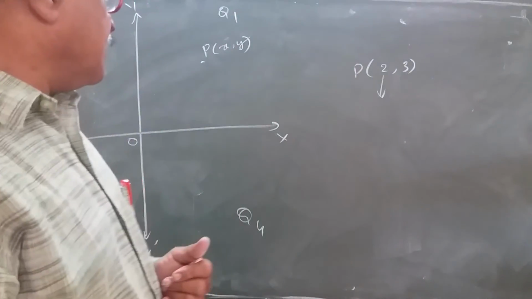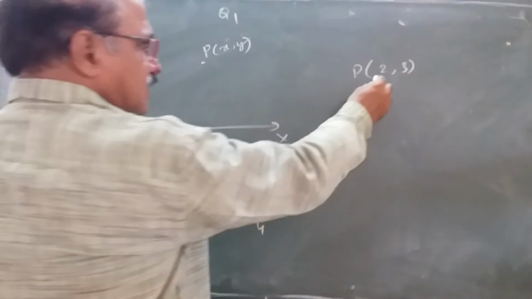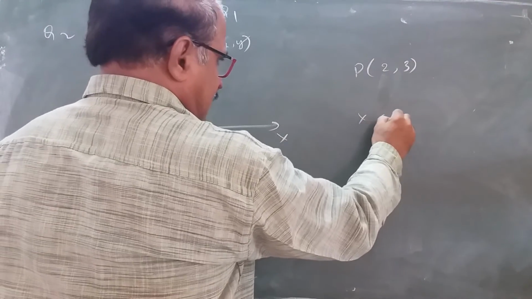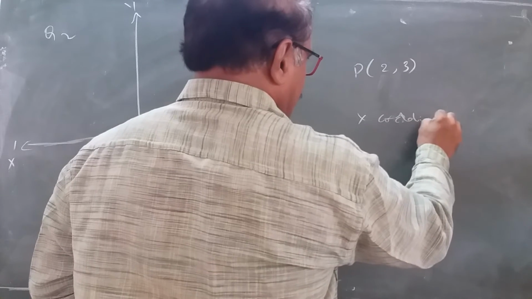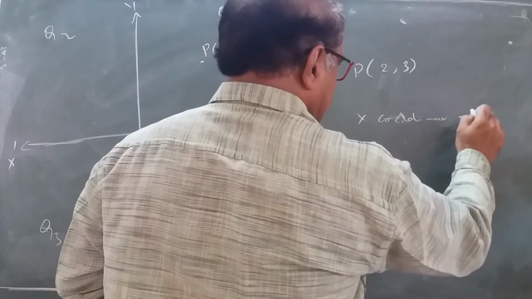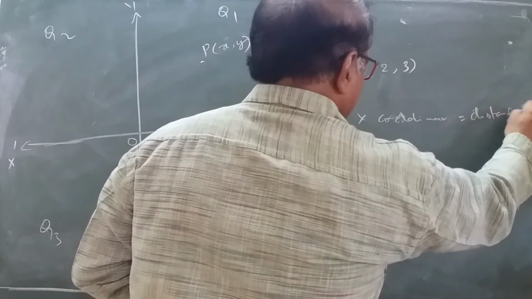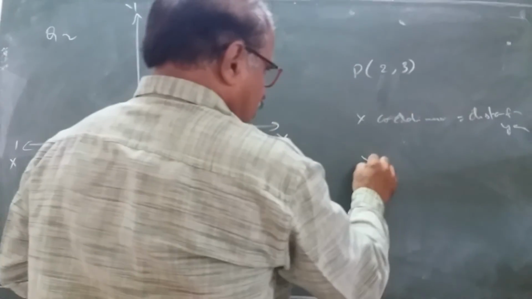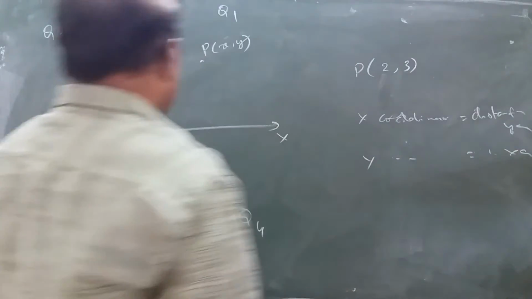The x coordinate denotes the distance from the y axis. The y coordinate is the distance from the x axis.